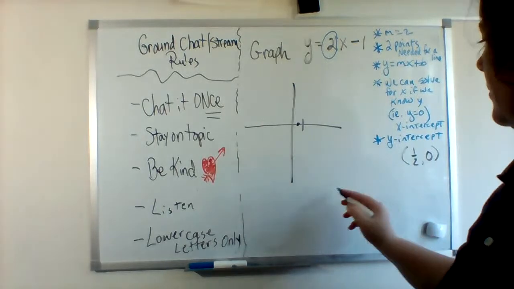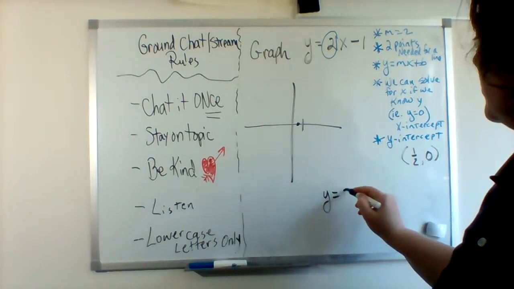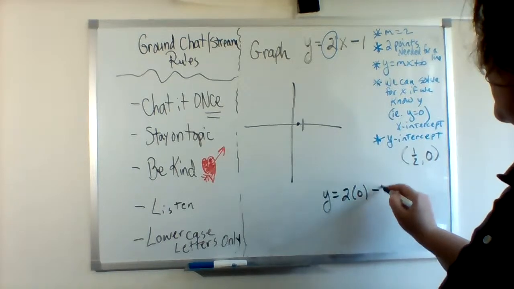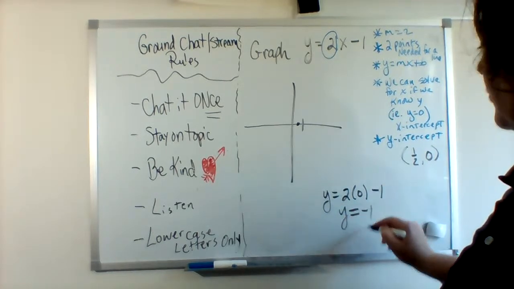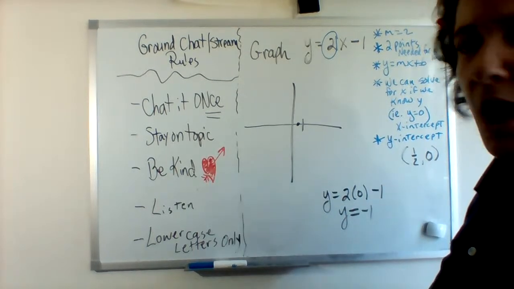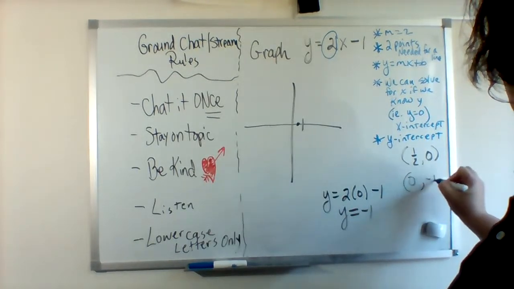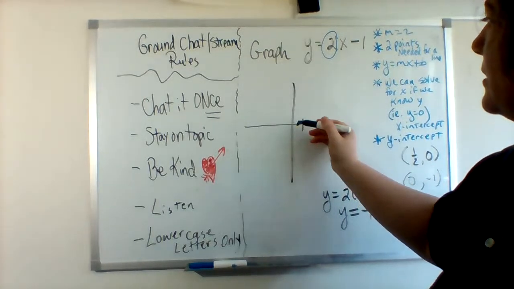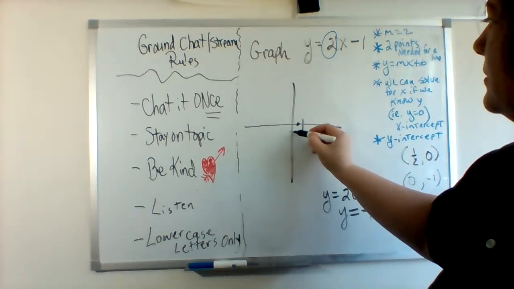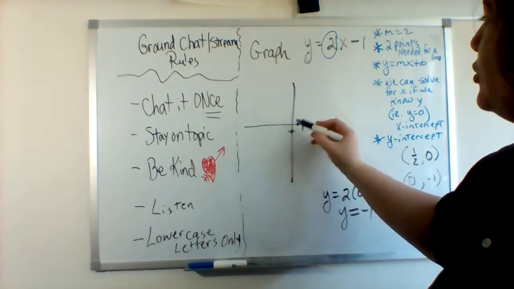All right. So that means y equals 2 times 0 minus 1. Absolutely. Wow, I'm really proud of you guys. Nice job. So you said 0, negative 1. You guys rock right now. That's awesome. 0, negative 1. I have my 2 points.